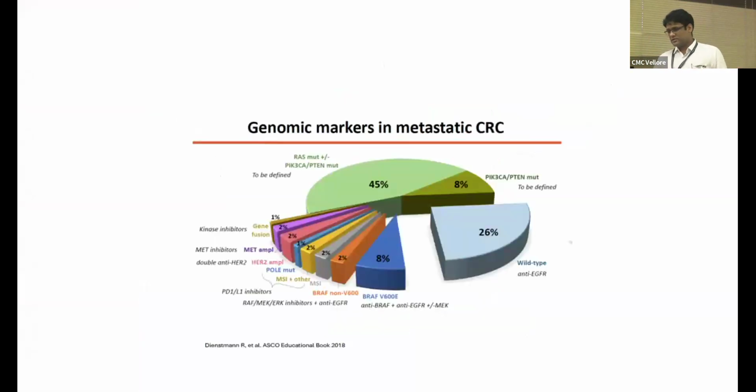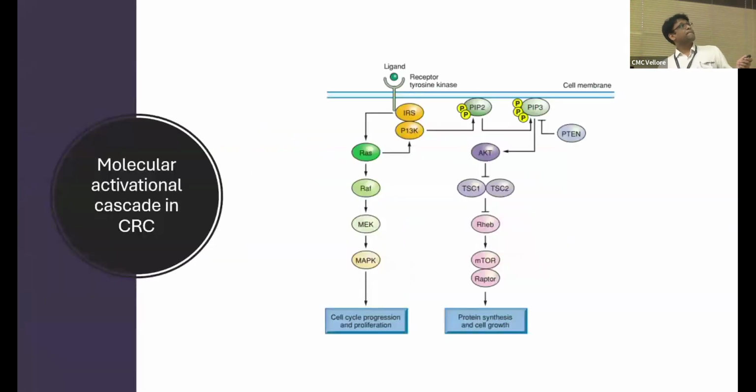It helps us because we have now reached the stage where we know, within metastatic colon cancers, about 45% can have a RAS mutation. It's a KRAS mutation. That means almost half of your patients can have a KRAS mutation. Another 26% can have an overexpression of that EGFR, which is on the cell surface, this one.